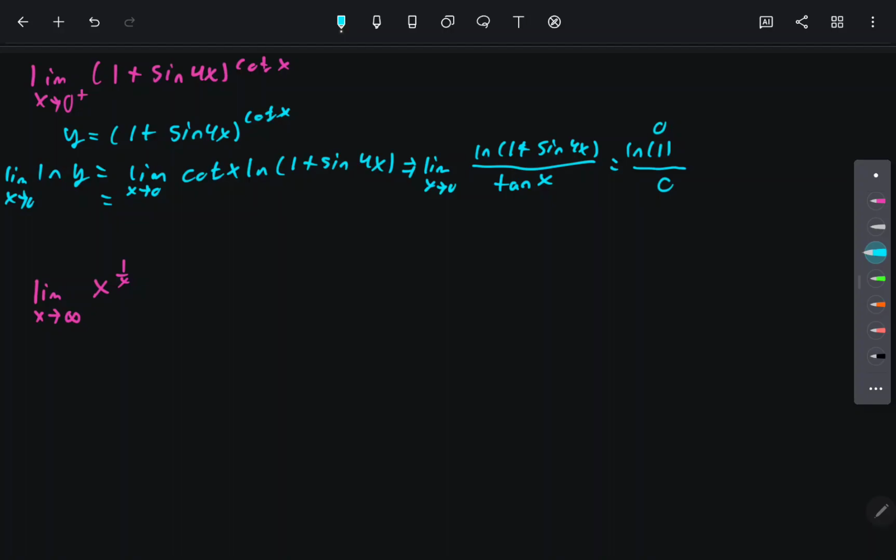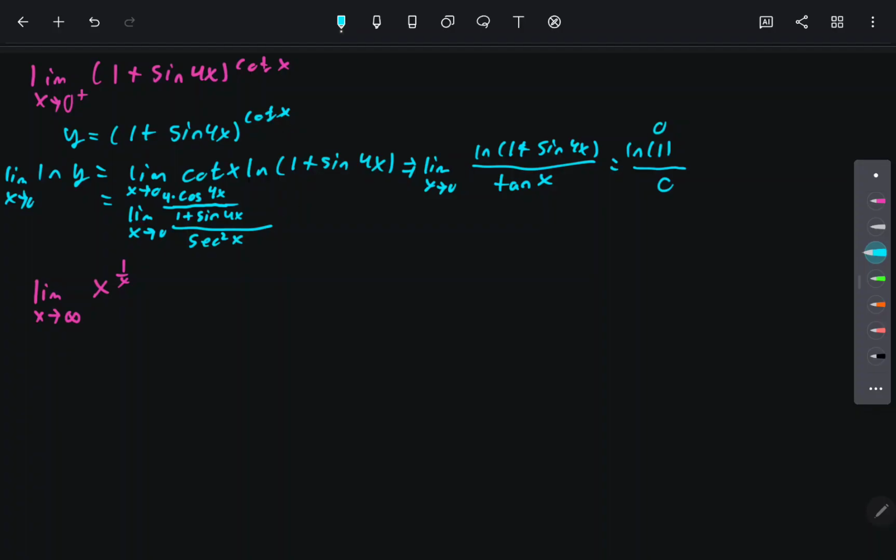So now what we need to do is take the derivative of the numerator and the denominator. So we have the limit as x approaches 0. The derivative of the numerator is going to be 1 plus sine of 4x times cosine of 4x times 4, divided by the derivative of the denominator, which is secant squared of x.